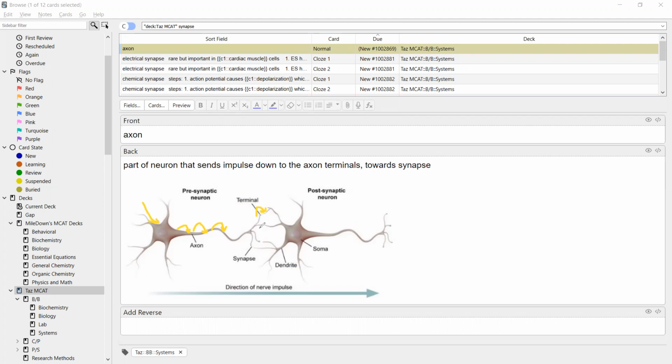And once enough signal comes from the terminals to the dendrite, that's going to trigger the action potential in this neuron. Once it gets enough signal, it reaches threshold, and then the signal propagates down this axon, and so on and so forth.